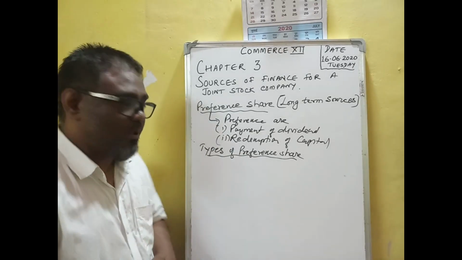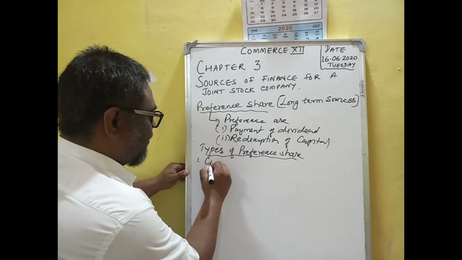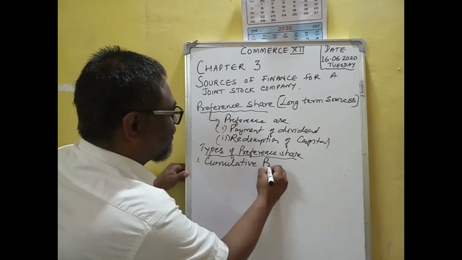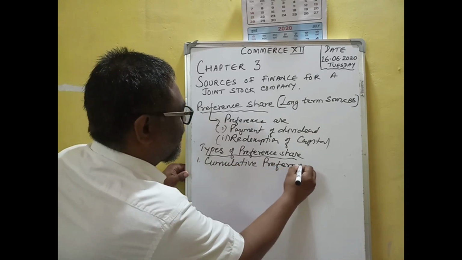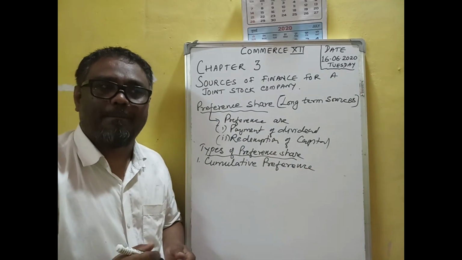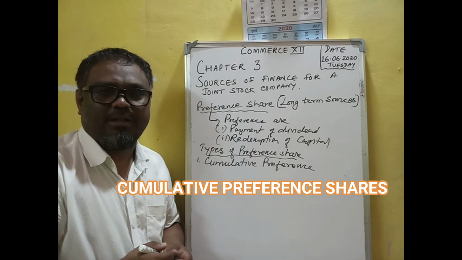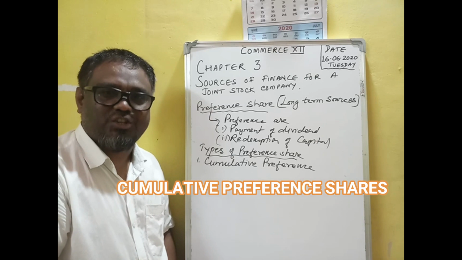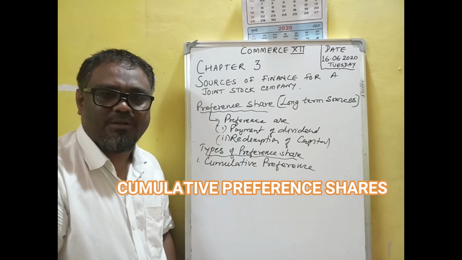First one is cumulative preference shares. Cumulative preference shares are those in which if a company cannot declare the dividend, it will be added in the following year, the next year, subsequent years.